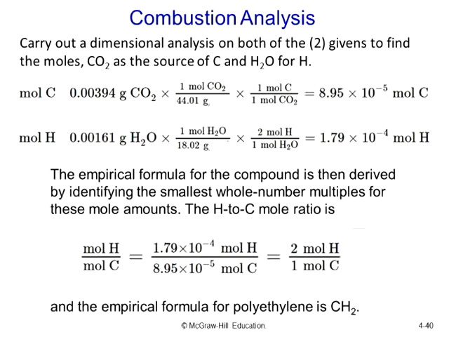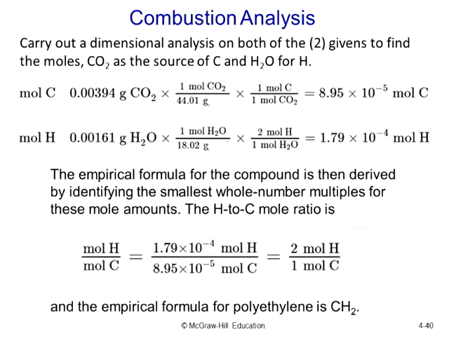So we show you that dimensional analysis here, where the given grams of carbon dioxide, that is the number of grams obtained after the experiment, is converted to moles of carbon dioxide, which is further converted to moles of carbon.